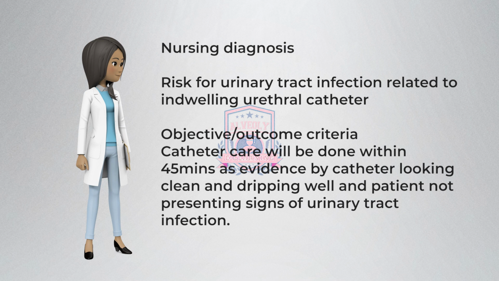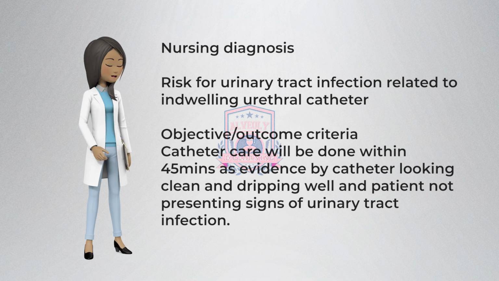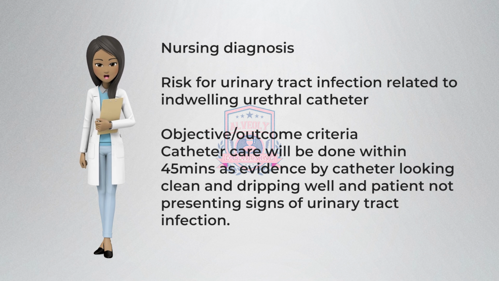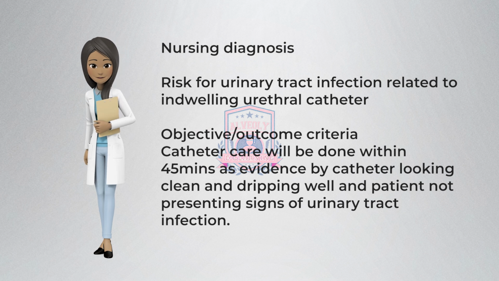Nursing diagnosis. Risk for urinary tract infection related to indwelling urethral catheter. Objective or outcome criteria. Catheter care will be done within 45 minutes, as evidenced by catheter looking clean and dripping well and patient not presenting signs of urinary tract infection.